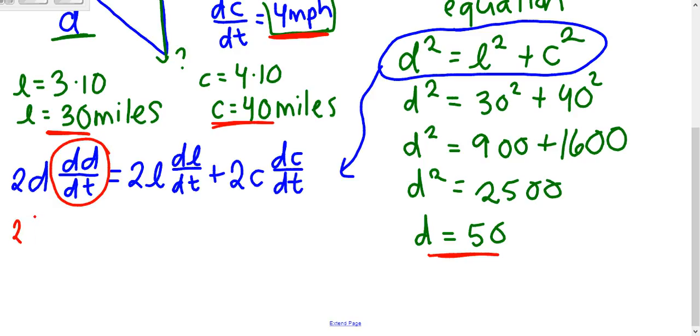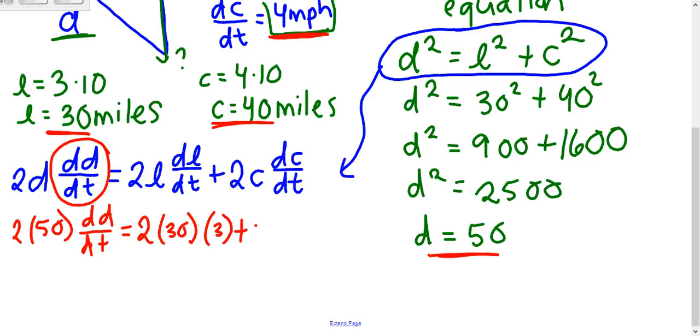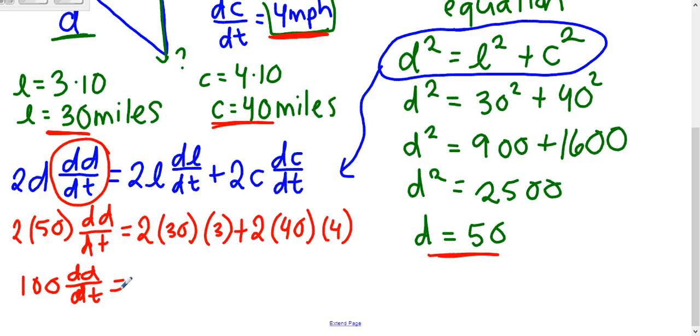So we have 2 times 50 dd/dt equals 2 times 30 times 3 plus 2 times 40 times 4. So we have 100 dd/dt equals 180 plus 320.